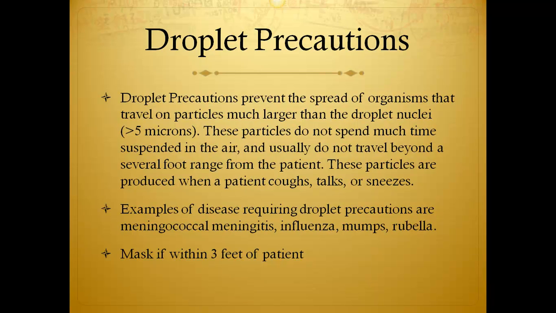Patients in for the flu are often in droplet precautions. But these are patients with meningococcal meningitis, influenza, like I mentioned, mumps or rubella that you've all been vaccinated for, but influenza is probably the one, and occasional meningitis, that you will see patients in droplet precautions for.